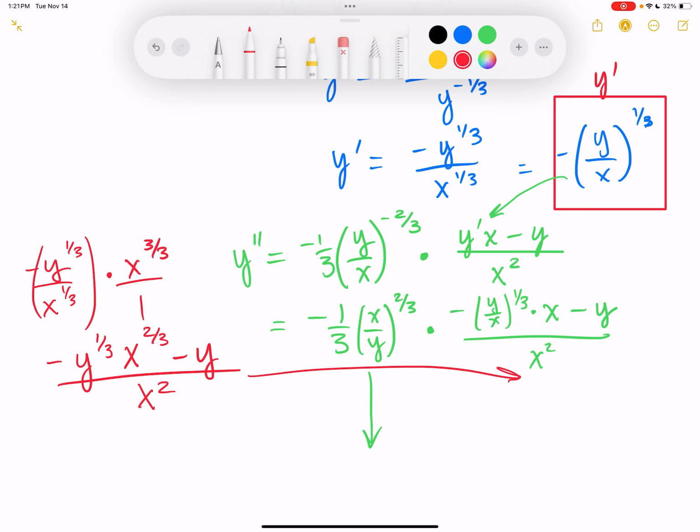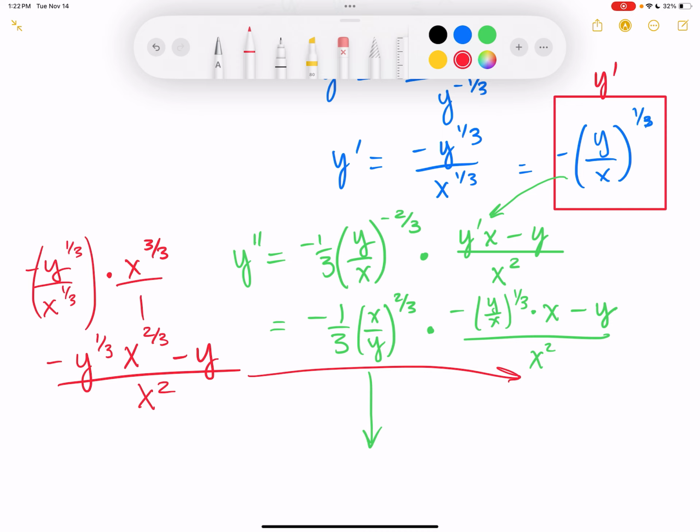Now let's see. What else might I have? I promise the answer's supposed to end up really pretty. I think what might be beneficial is to write this all as one. I was gonna say, can we multiply this times this and make it look a little nicer?